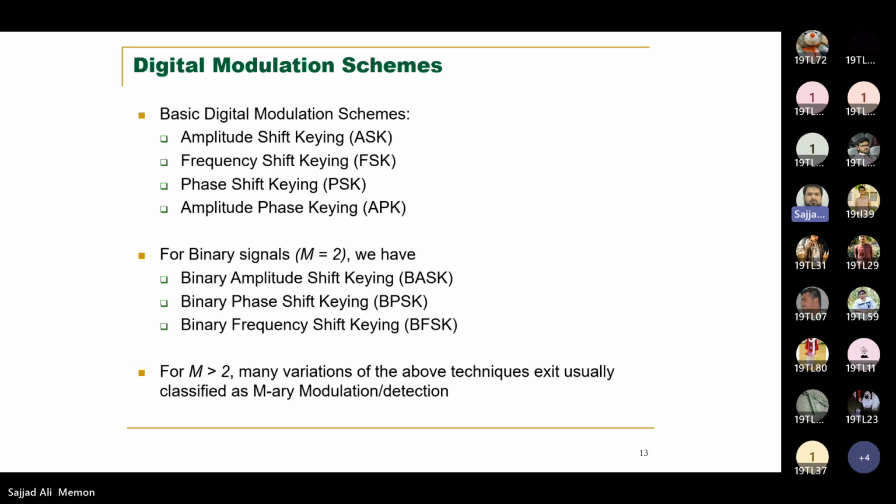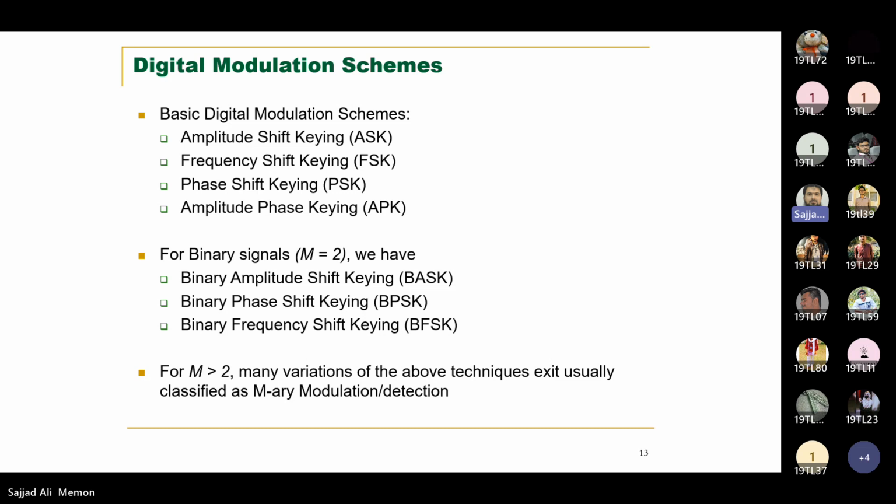If they are binary, that means M is equal to 2, that is 2 power n, and n is equal to 1. We have binary amplitude shifting, then binary phase shifting BPSK, and then binary frequency shifting, that is BFSK. For n greater than 2, many variations of the above techniques exist.